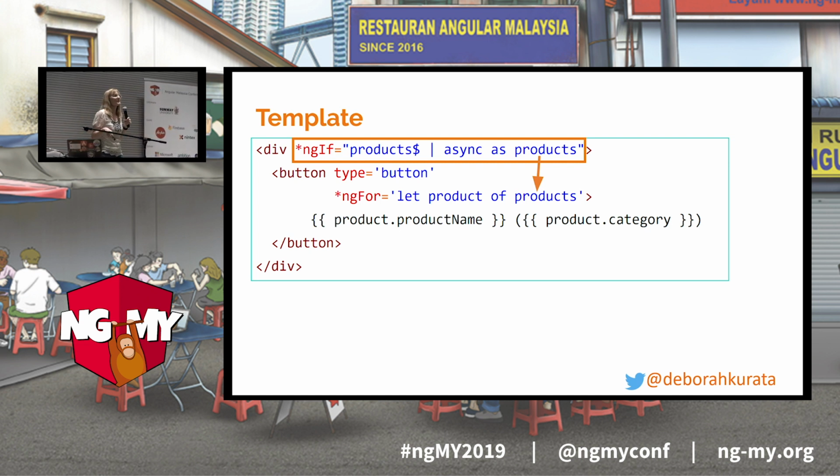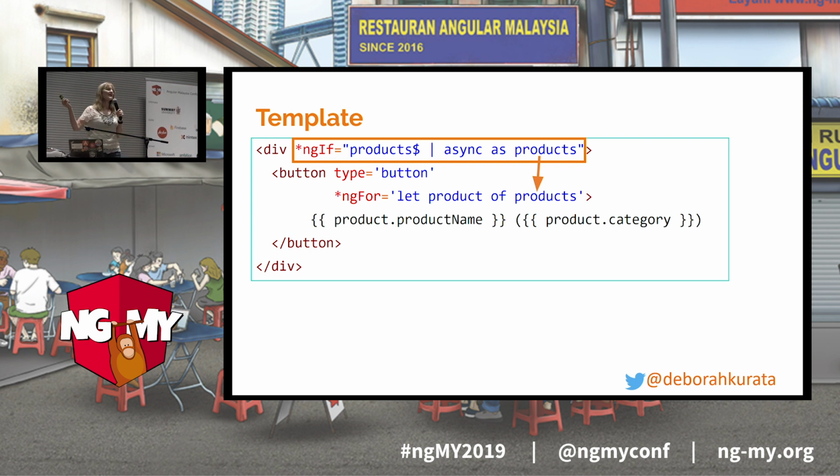One of the best things about the async pipe is when this page is created, it automatically subscribes for us. When this page is destroyed, it automatically unsubscribes for us. Yay! So we don't have to do that. All right, and notice I'm using the as syntax here. What that does is every time the products$ observable emits a value, it assigns that value into that variable.